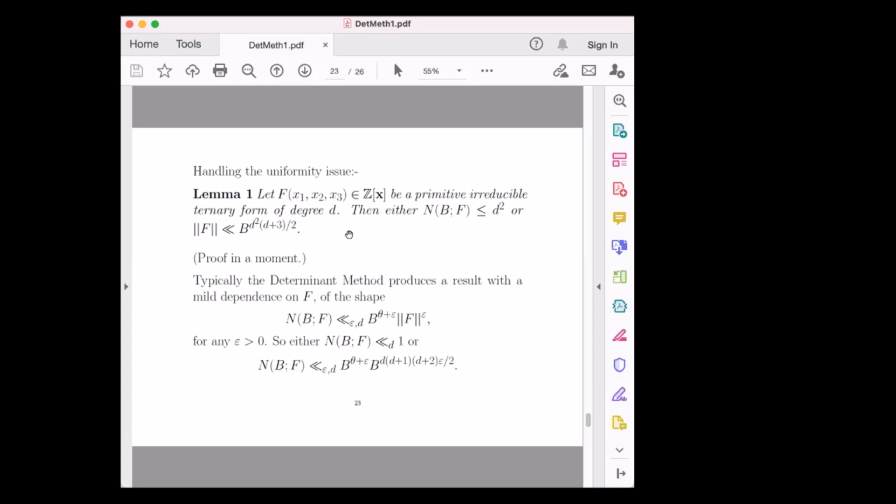But now you look at this lemma, and you see either that N_B(F) is bounded in terms of d anyway, so you get a bound of that type with a 1 there, or the height of F is at most this large power of B, in which case this F to the epsilon is at most this power here of B, but with an epsilon in the exponent.